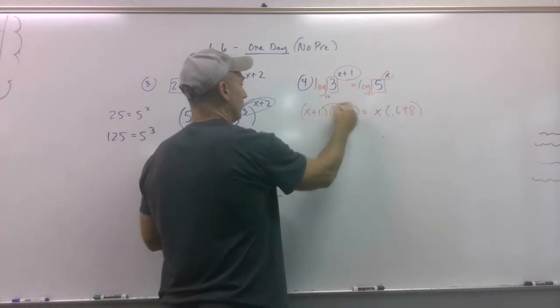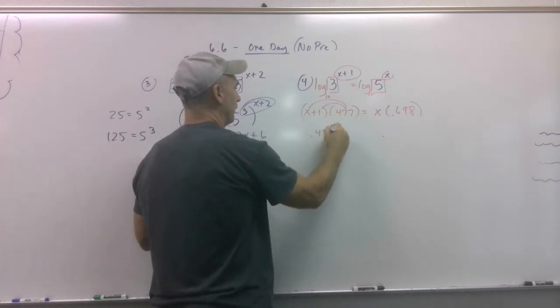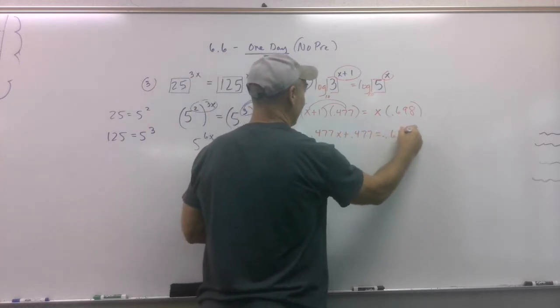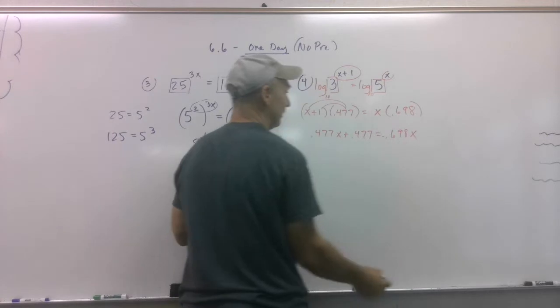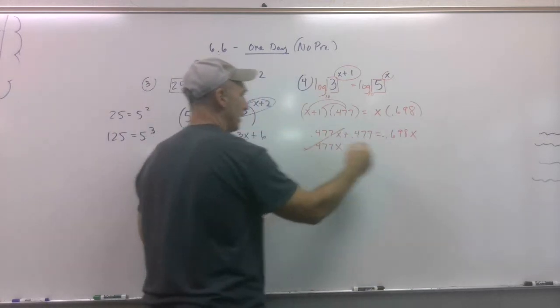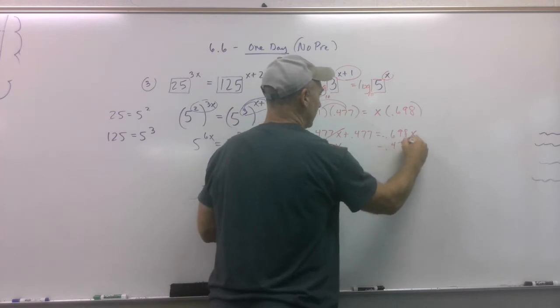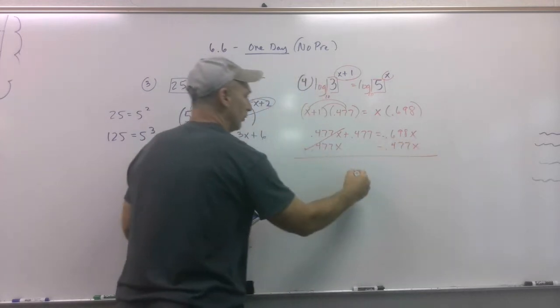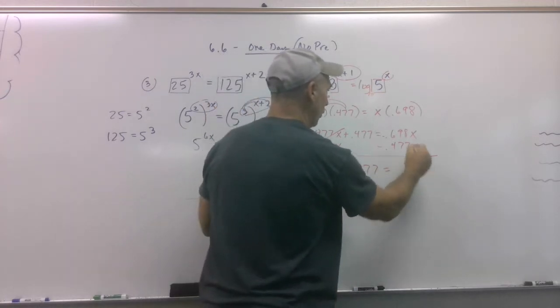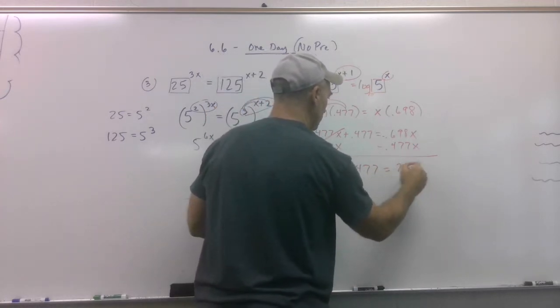Okay. So I distribute, 0.477x plus 0.477 equals 0.698x. Just weird looking, but subtract 0.477x. So I get 0.477 equals 0.221x, boom.